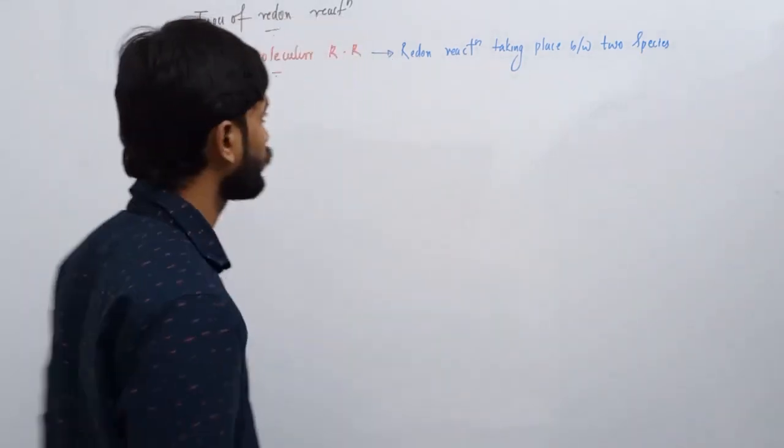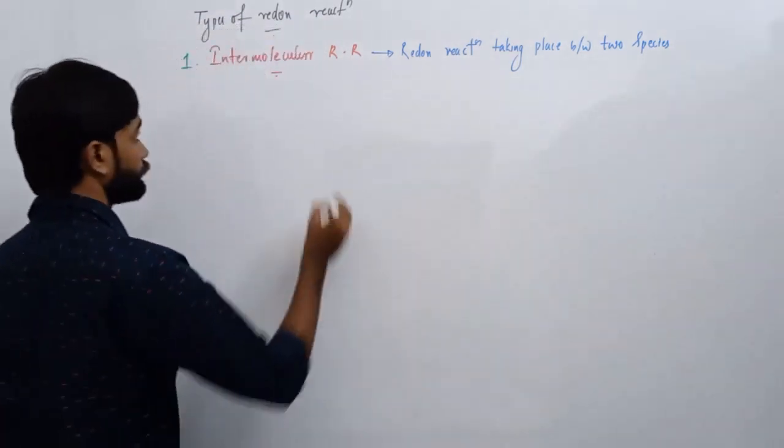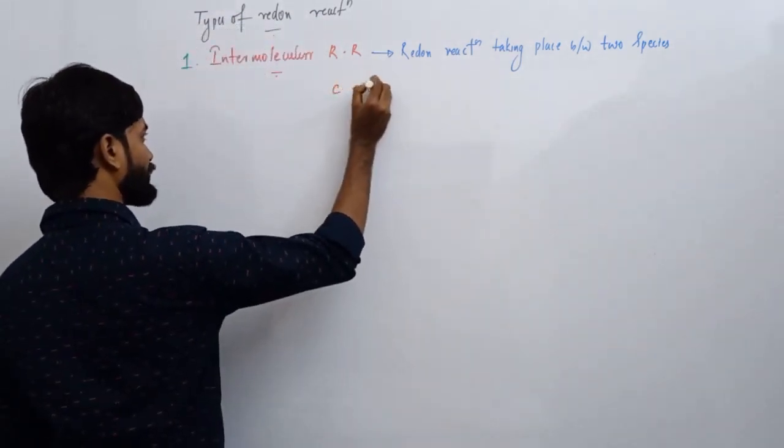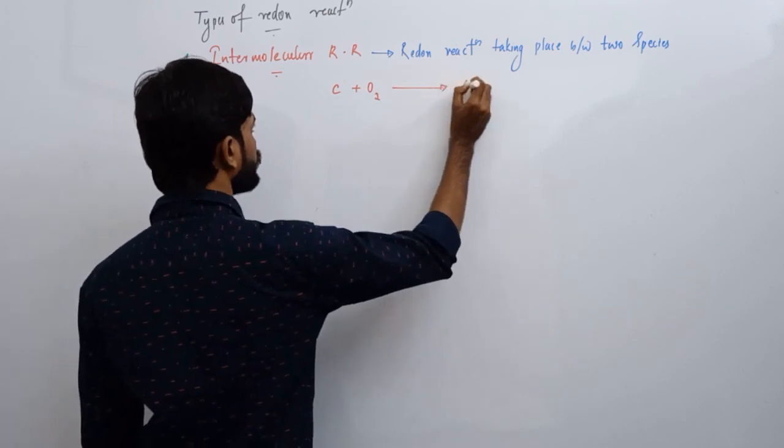Molecules may be atoms or elements. Okay. Listen, let's have a simple example. C plus O2 gives CO2.